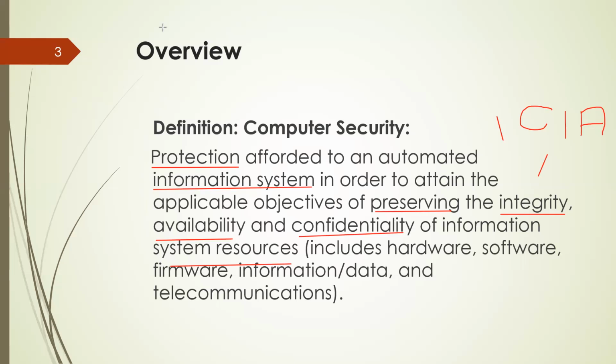So in our definition of computer security, it's basically the protection of our computer or information systems by preserving the integrity, availability, and confidentiality of our system resources. So those are our keywords.